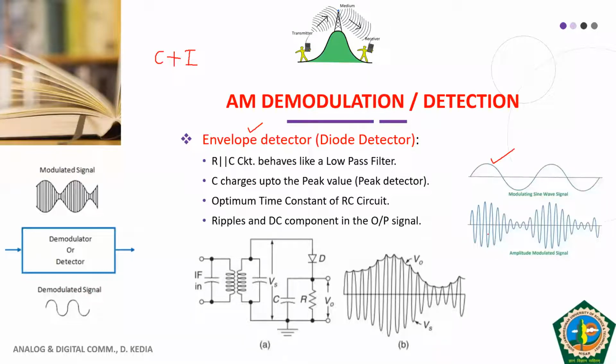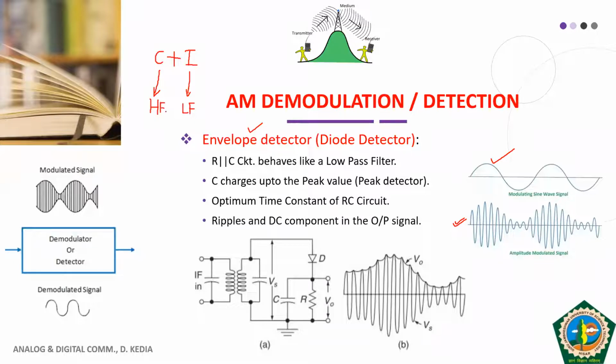And this is our modulated signal, which includes both the carrier part and the information signal. Your carrier signal is a high frequency signal, whereas your information signal is a low frequency signal. Fine. So you can say that your modulated signal is a combination of high frequency and low frequency signals.